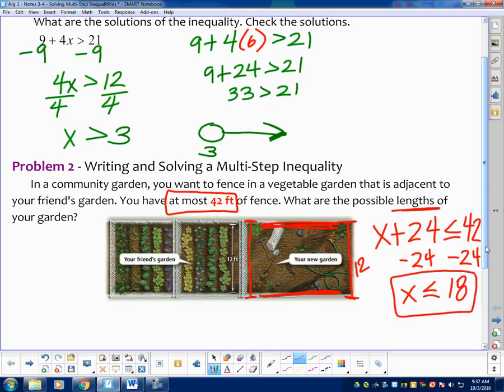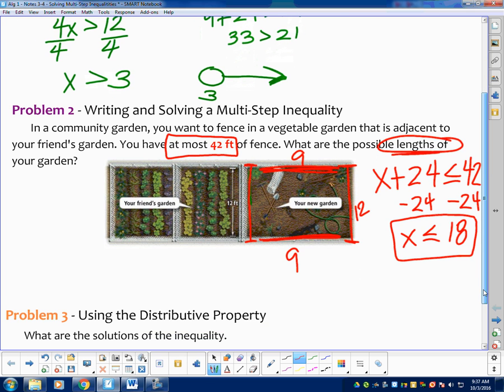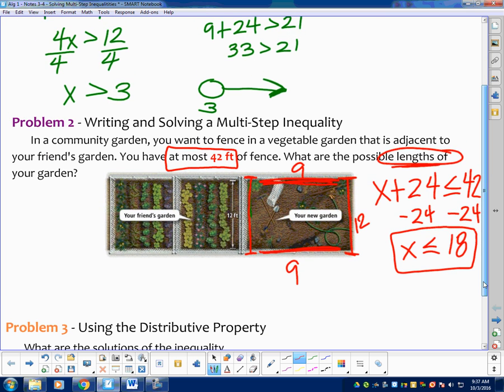What's half of this? If I wanted 9, right, because I've got to use 18 feet for top and bottom. So that would mean 9 we could use. 9 would be the most, right? So 9 or anything less than that would be the length of our garden. Okay? So let's write that down, because the way we solved it gave us a total, right?